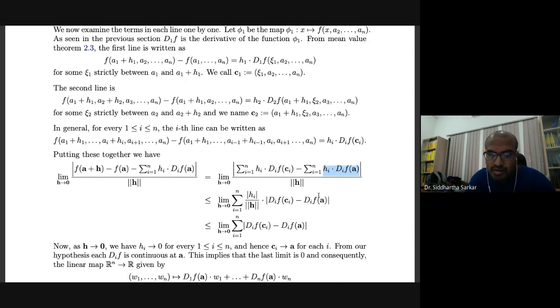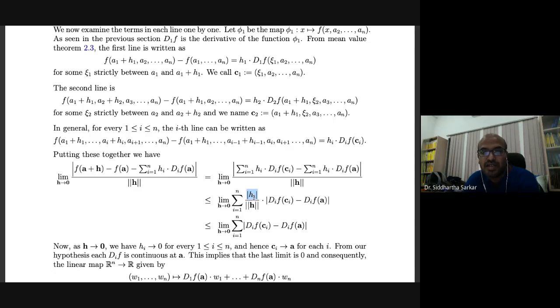Okay, so now let's try to carefully analyze our numerator. There is a hi common over here, so I'm going to take it out with a modulus sign. Then it turns out that this is the difference. And mod of hi, remember, is always smaller than or equal to the norm of h. Because what is the norm of h?